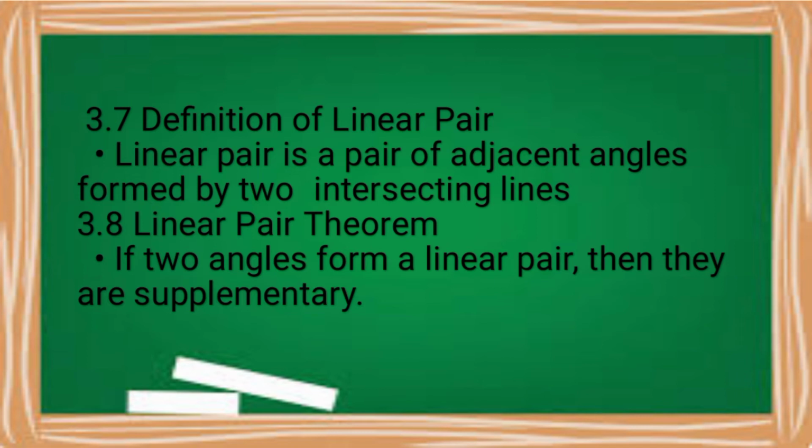Definition of linear pair: a linear pair is a pair of adjacent angles formed by two intersecting lines. And the linear pair theorem: if two angles form a linear pair, then they are supplementary. Yes, like this.